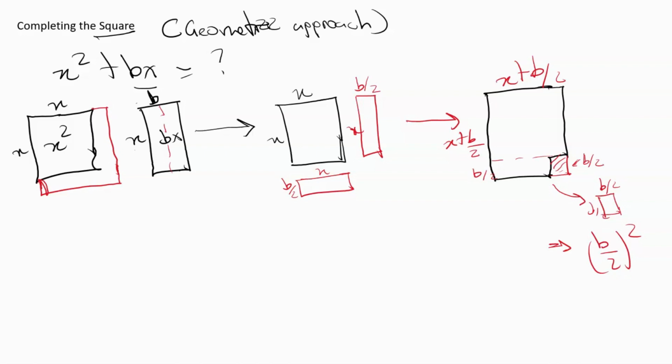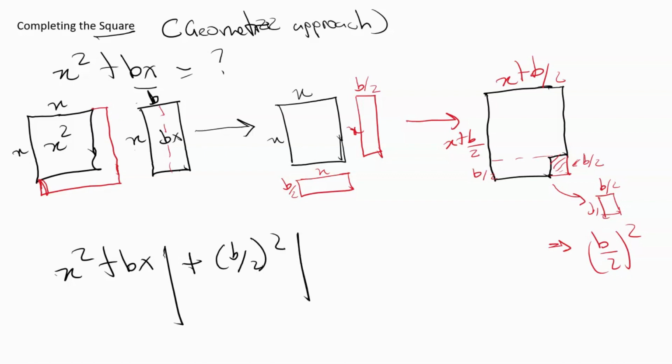So what does this mean then? This means that our original expression was x squared plus bx, right? And so what we then did, in order to complete the square, we added this little square, which is b over 2 squared, right?